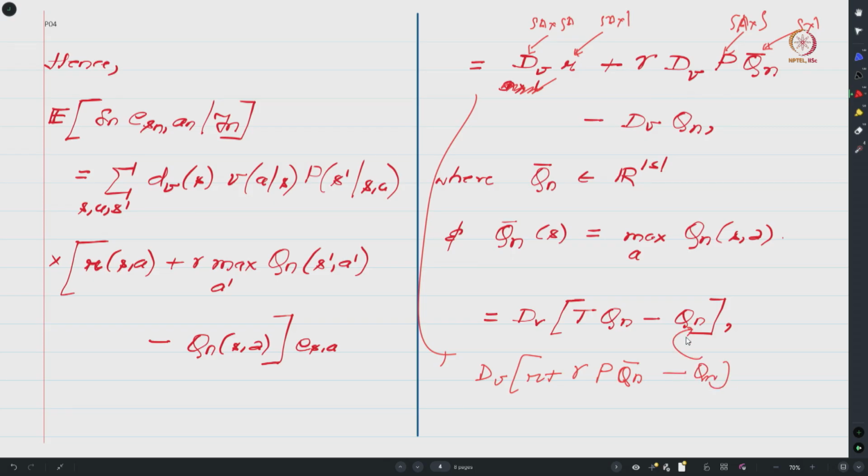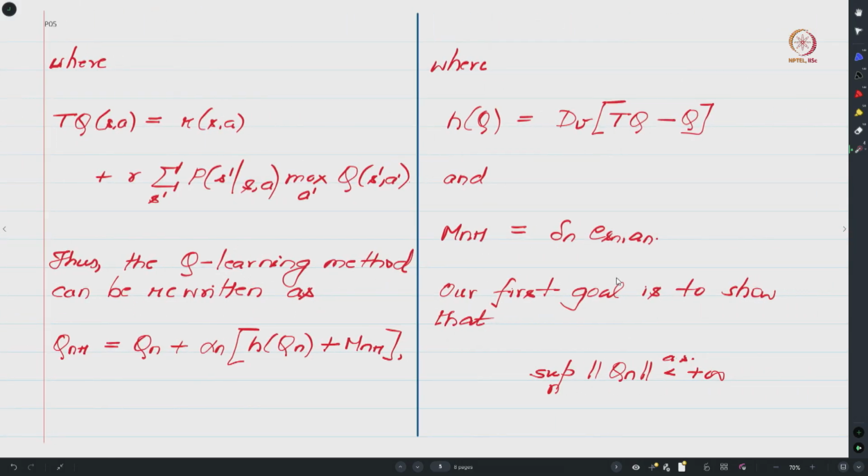So I have written this expression as it is, and if you go back and look at the definition of your Bellman operator, one can see that the definition of the Bellman operator is indeed this expression, and hence wherever you have this you can replace it with TQn. Is this okay? So in this way whatever is the update rule that you have over here, we can write it in this fashion. And this T operator is defined over here.